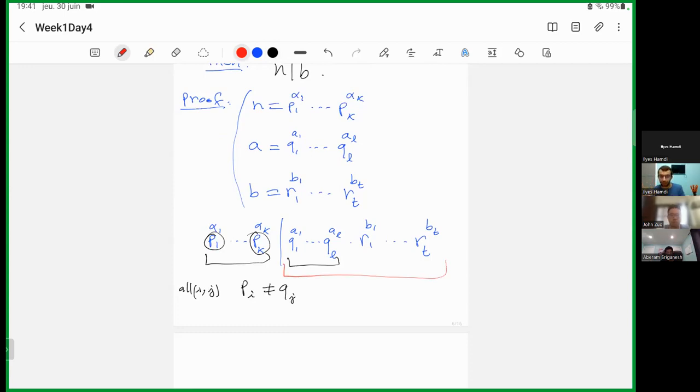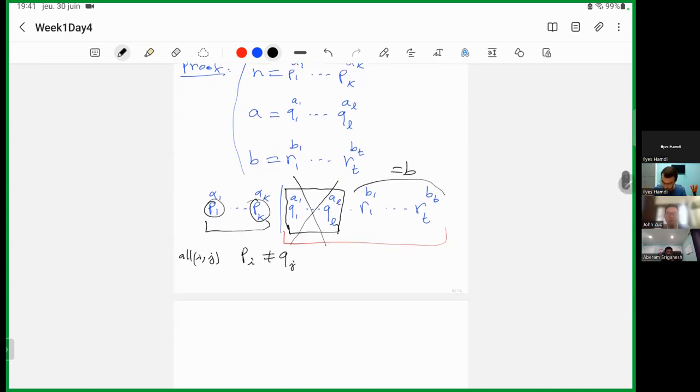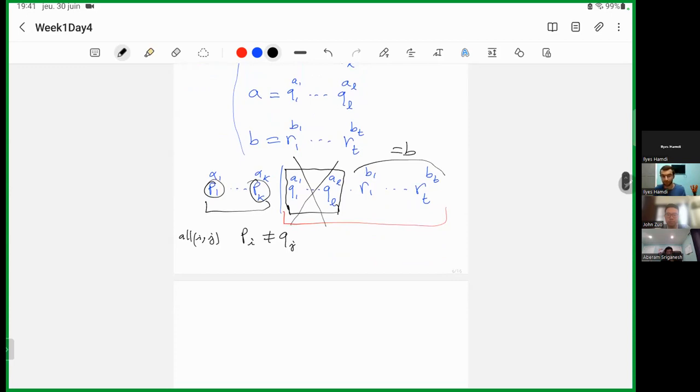But I will not be able to find them in the first part because none of them are equal to any Q. So the first part is something you need to forget. Why? Because no prime factor P will be found in this box. So the only box where you will find those prime factors is the second one, which is equal to B, right?